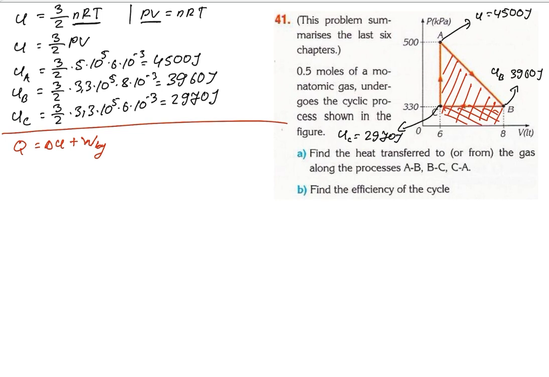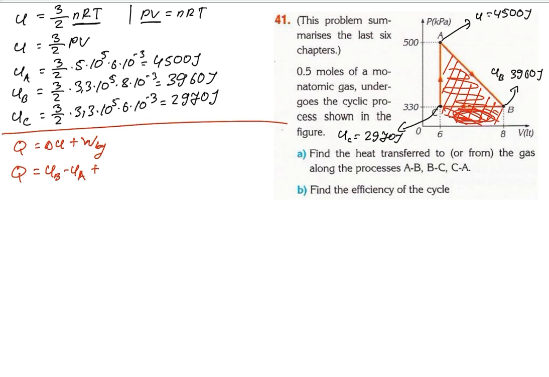That means our heat will be equal to delta U, the difference of final and initial internal energies, UB minus UA, plus the area under the line here, and let's count it. I divided it into two parts, this rectangle and this triangle.